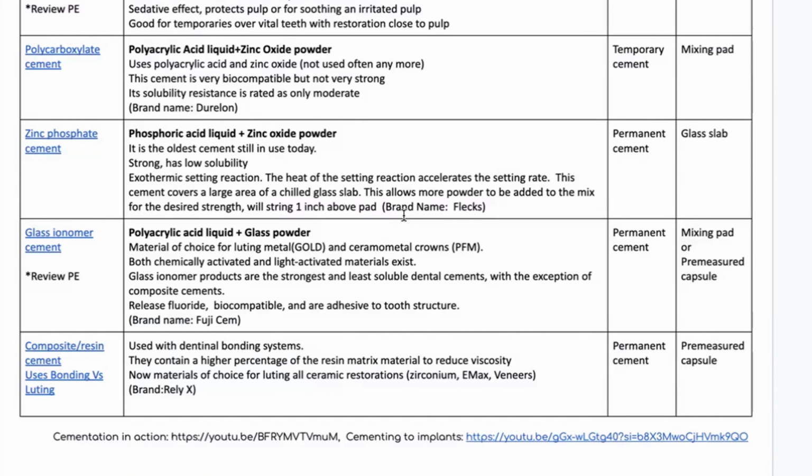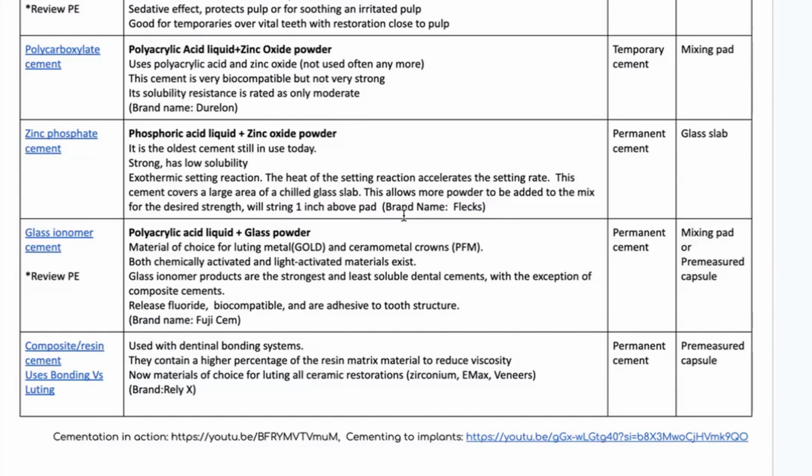And it is the material of choice for luting all ceramic restorations, so our zirconiums, our emaxes, our veneers. You noticed above that glass ionomer cements are great for PFMs and metal crowns, which are not being used a whole lot these days. So these composite resin cements have become more of the standard of care.